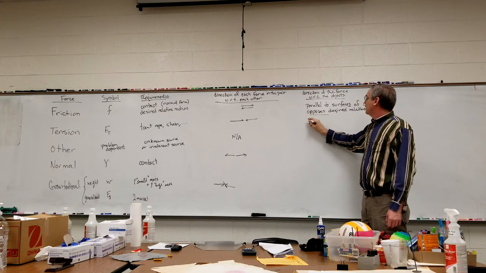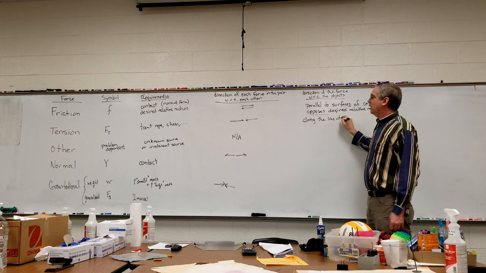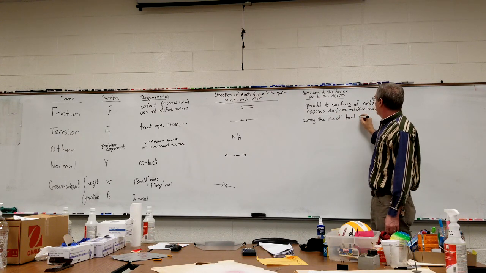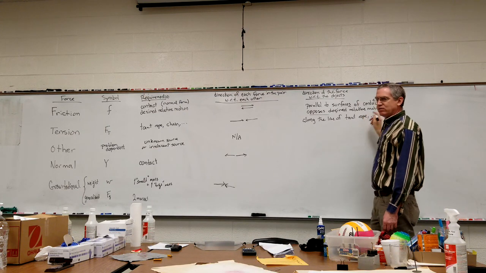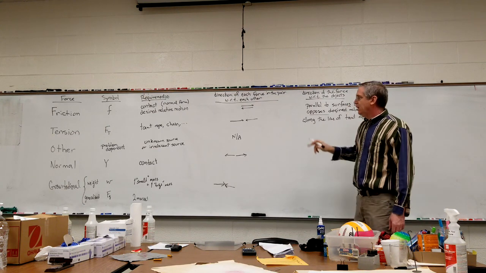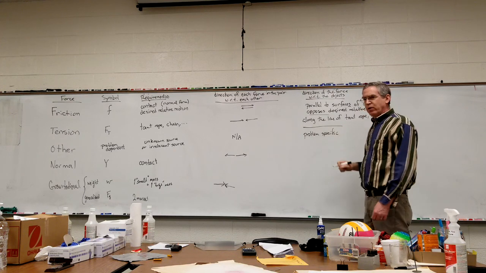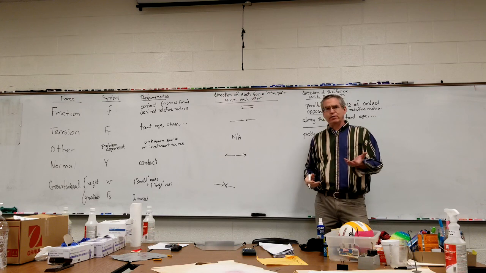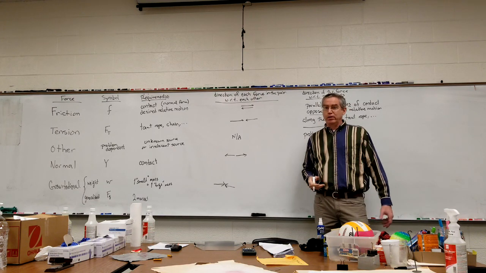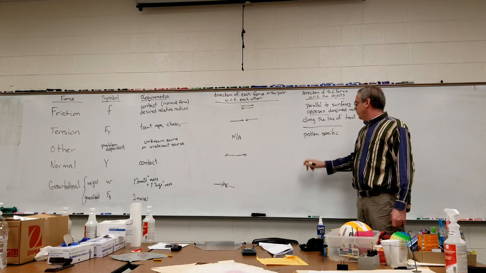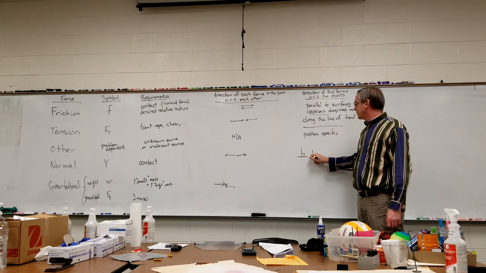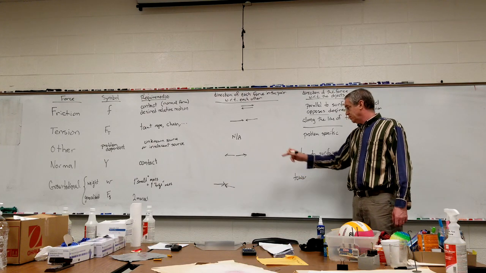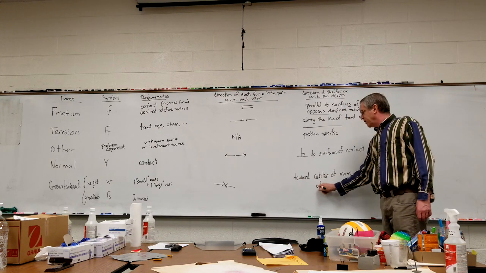Tension is along the line of the taut rope, chain, string, whatever it happens to be pulling. Other is problem specific. For example, a 5 Newton force is pushing east on a box. Well, the direction of it is east on the box. Normal force is perpendicular to surfaces of contact. And then gravitational force is either one toward the center of mass of the other object.